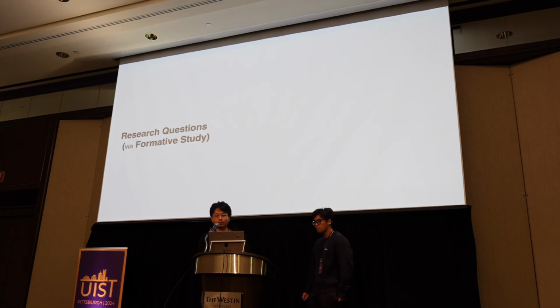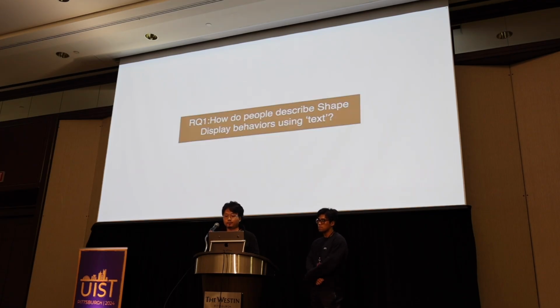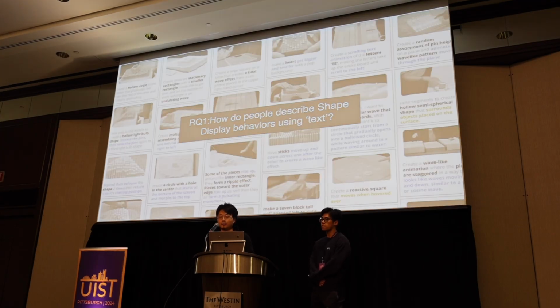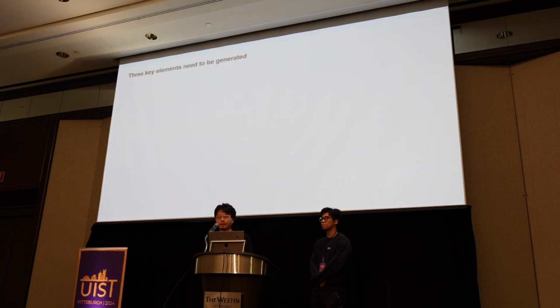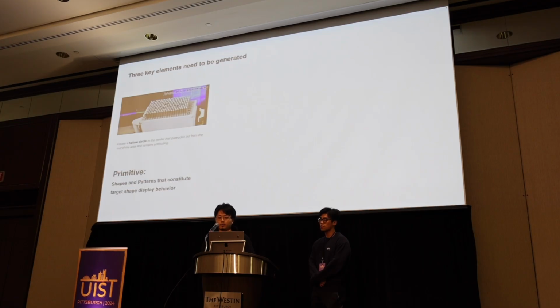With this idea, we did a formative study to understand the challenges. First, it is quite important to understand how people describe shape-changing behaviors through text. We conducted a crowdsourcing study with 400 participants, asking them to provide text instructions based on prior shape display work. With more than 300 user-generated prompts, we found three necessary elements.